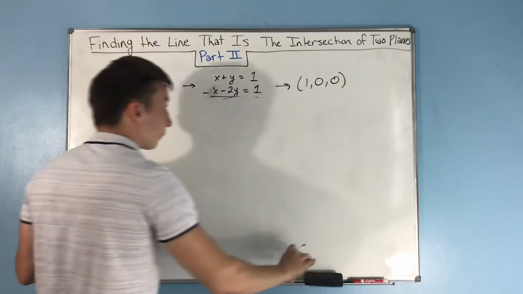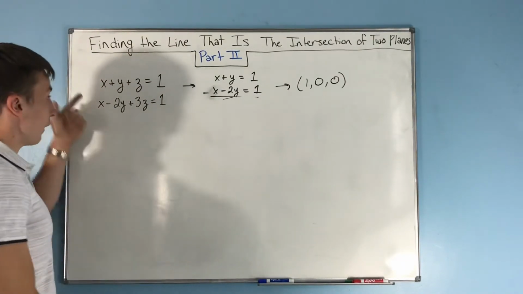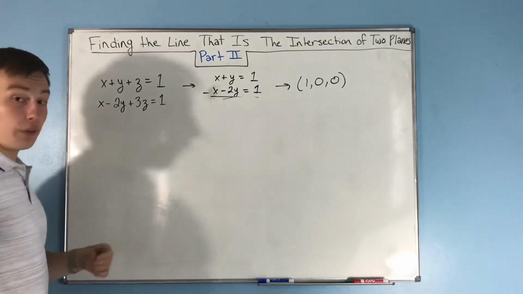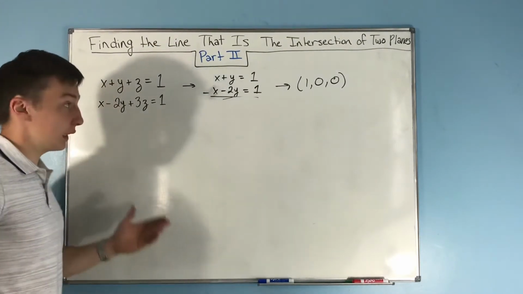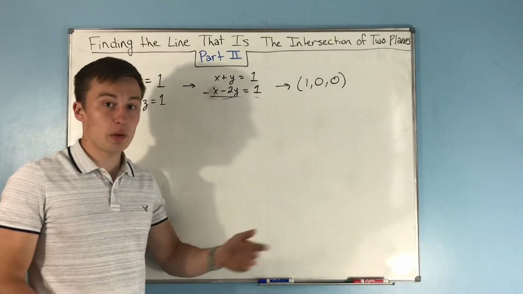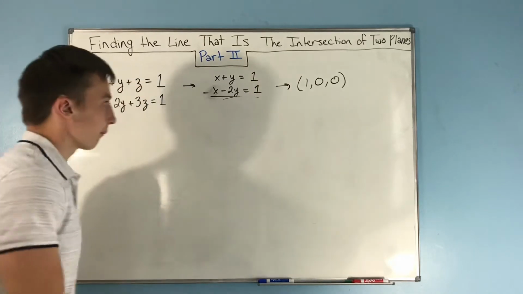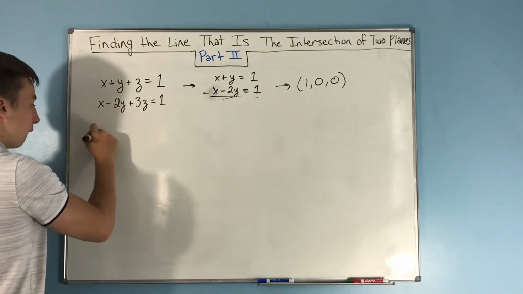So now we need to find the direction. How do we do that? Well, we need to find the normal vectors of each plane, and then we just cross them. When we cross them, we end up getting a vector that is in the same direction as our line. So let's do that here. What's the normal vector for our first plane?